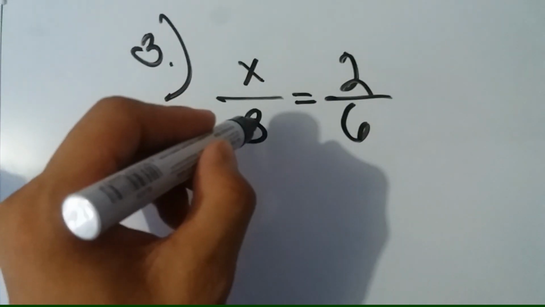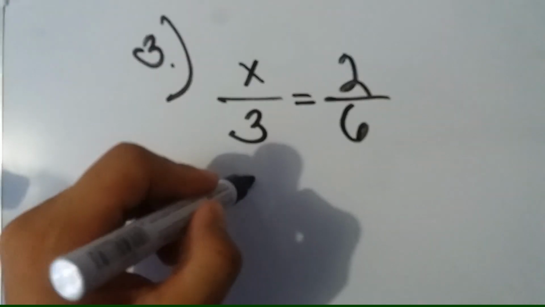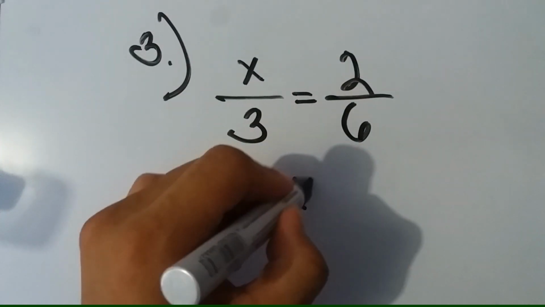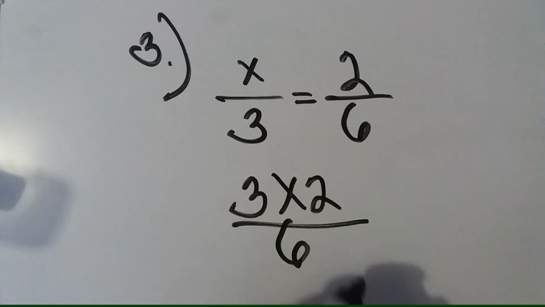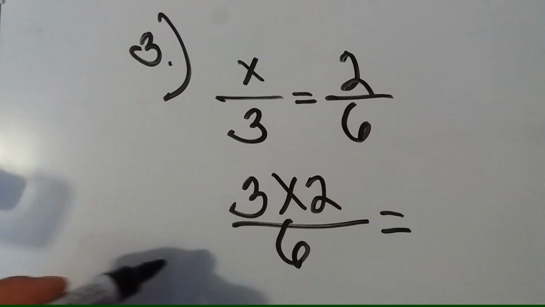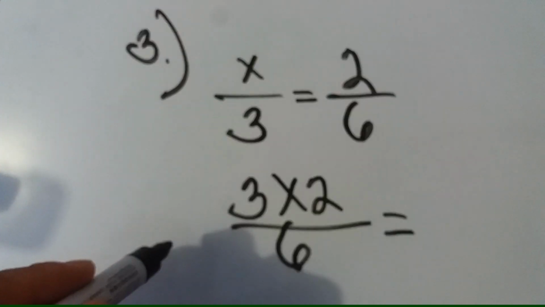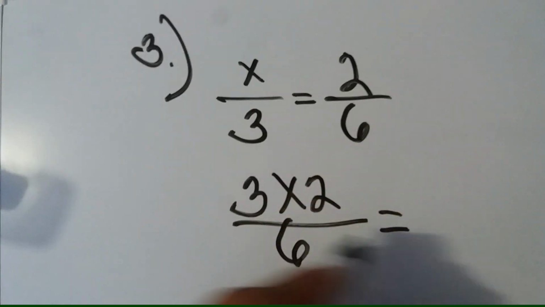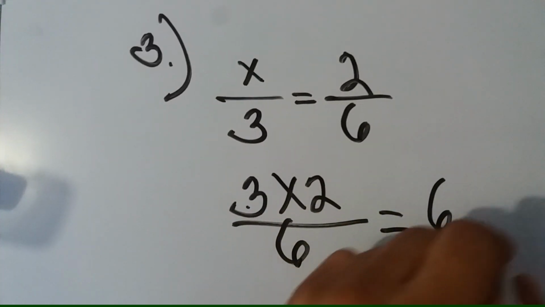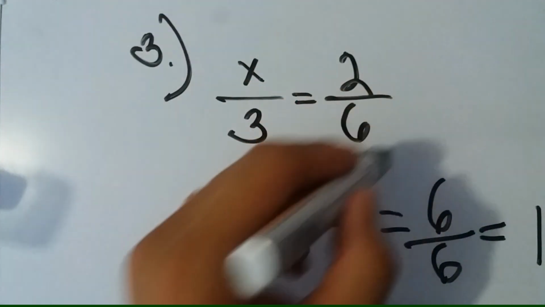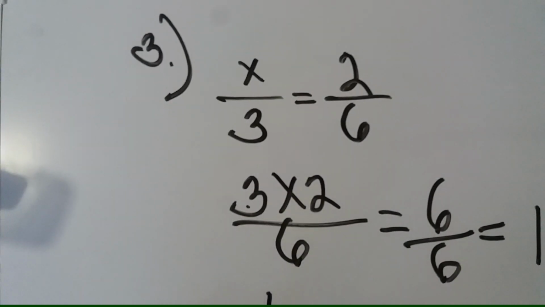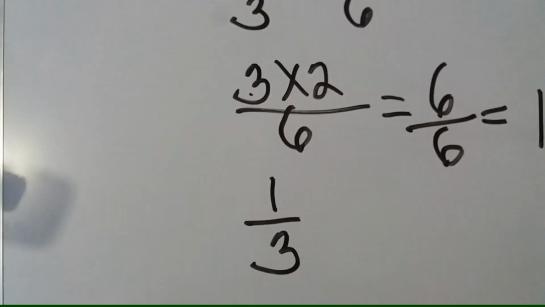So 2 times 3, or 3 times 2, divided by 6 is equivalent to 6 divided by 6, which is equivalent to 1. So the missing numerator is 1 over 3.